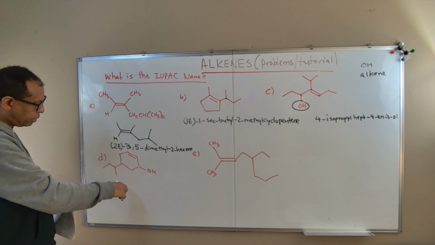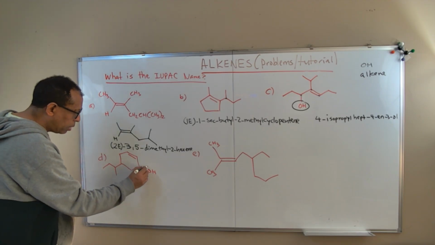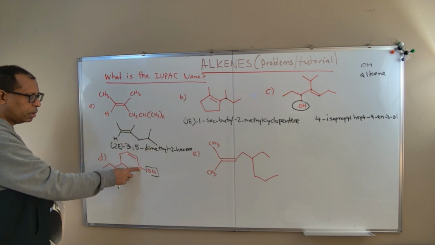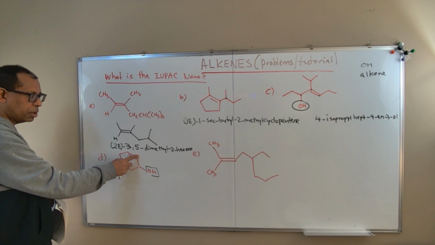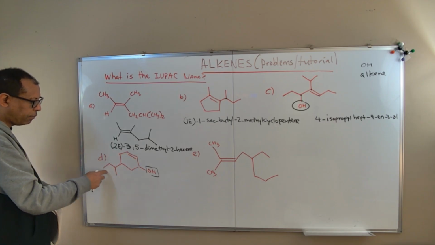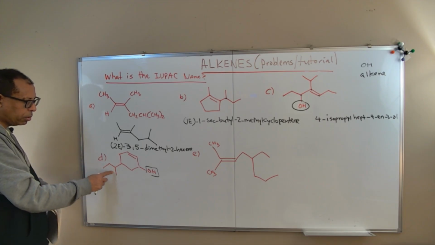If you look here, the alcohol takes precedence again. So that would be the 1 position. The alkene is at the 2 position, 3, 4, 5. At the 5 position I have isobutyl.